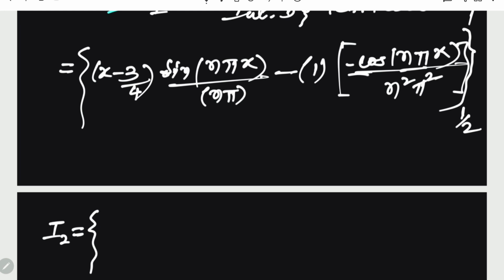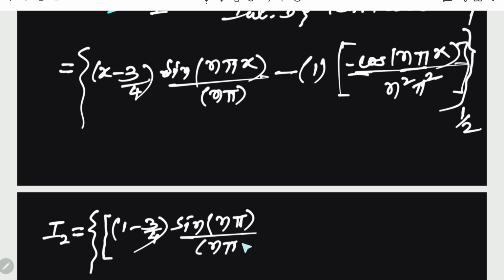Substituting the upper limit, 1 minus 3 by 4, we get first term into sine of n pi. When x is 1 we get sine n pi divided by n pi, minus minus it becomes plus, cos of n pi whole divided by n square pi square.